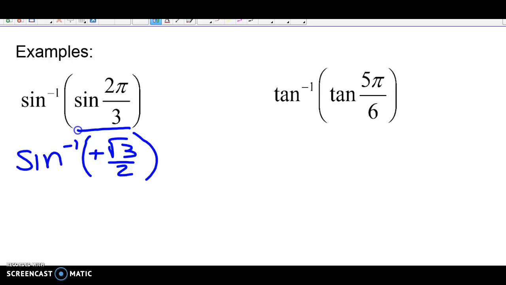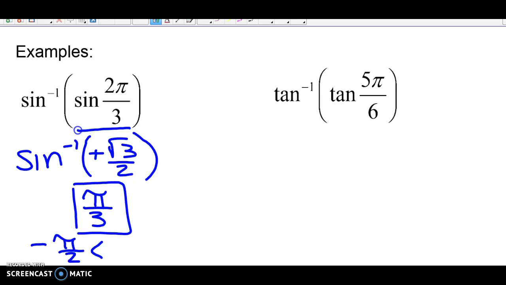There used to be multiple answers, but now because of the principal solution, there's only one answer, and that is actually positive pi over 3. And I'm going to check that this falls within my range for sine. It's got to be between negative pi over 2 and pi over 2, inclusive. Okay, so it works.